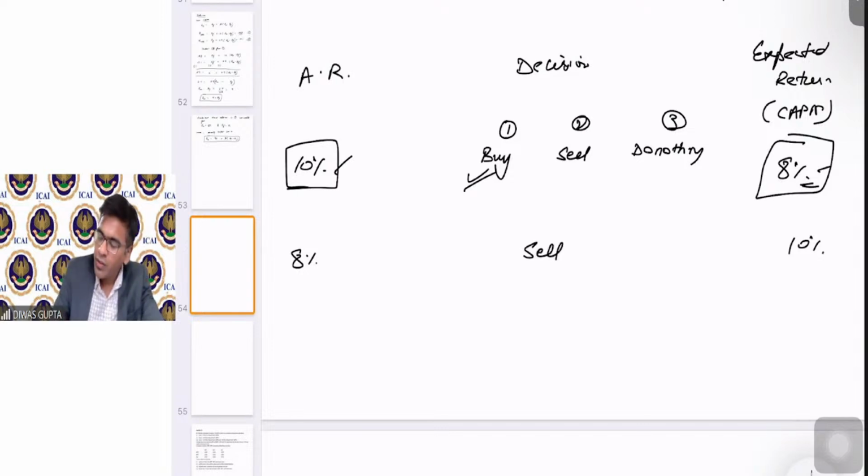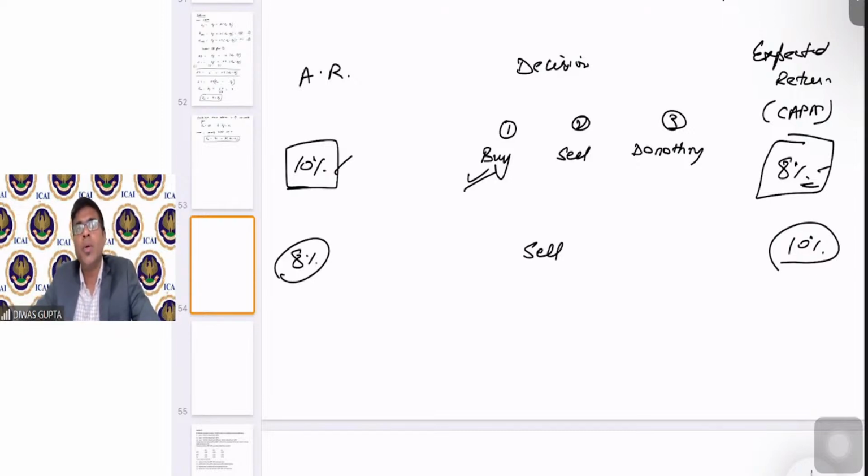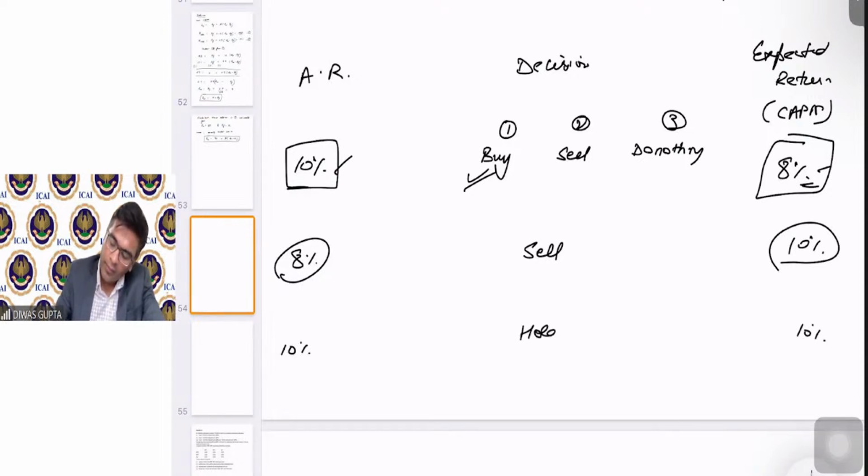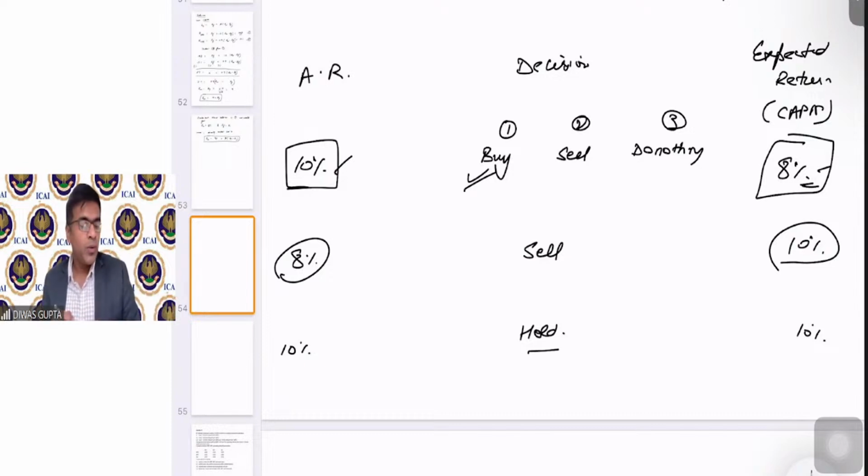Because your calculation is saying that you should at least get 10%, and the market is only giving you 8%. Don't you think the market is giving you a lesser amount? So you should exit from that investment. You should sell that. If both of them are 10 and 10, then hold or do nothing, basically, right? There is no need to sell. If you are already holding it, keep on holding it. If you are not holding it, don't invest in it. Simple.